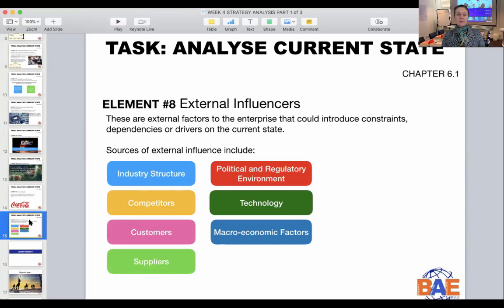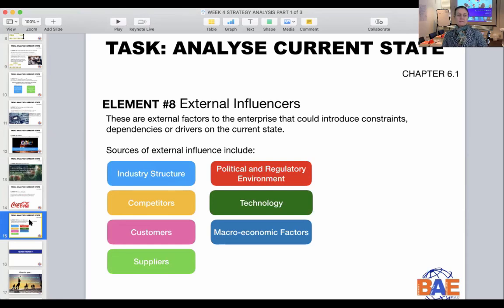Like we said before, competitors could be a driver for change. Customers could also be a driver for change. Suppliers, political or regulatory environment could be basically forcing the organization to make certain changes. Technology could be driving the change, as well as any macroeconomic factors.